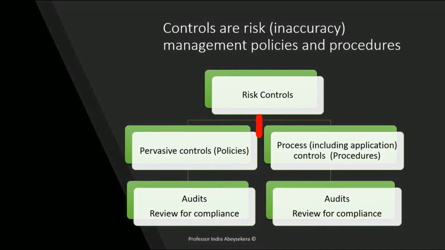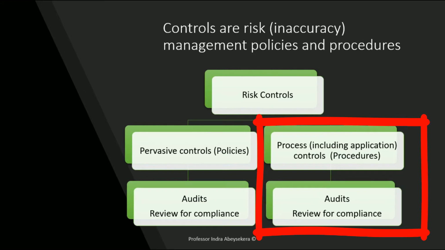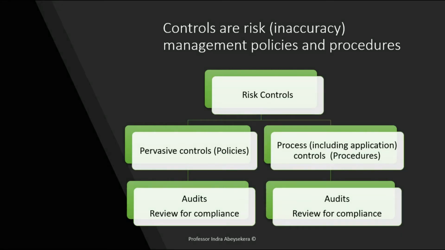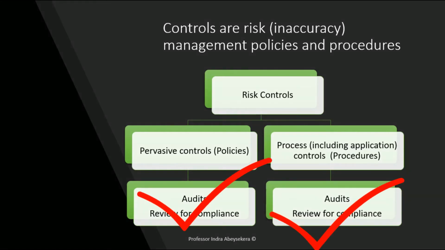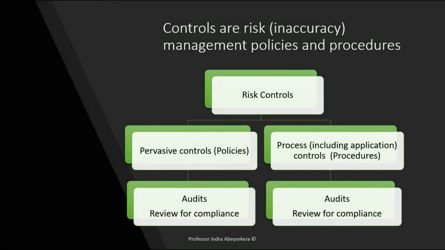The process controls are the procedures that are applied at operational levels. Both the policy controls and the process controls, where application controls are a subset of process controls, are subjected to audits to ensure that these policies and procedures are complied with, to ensure a high level of accuracy of data, and data then being transformed into information in making decisions.